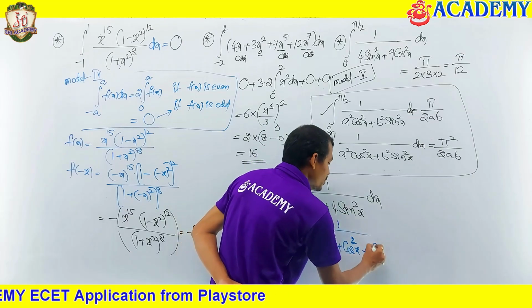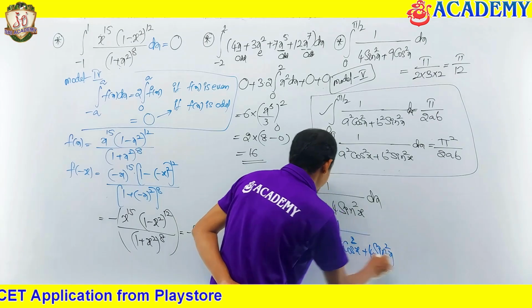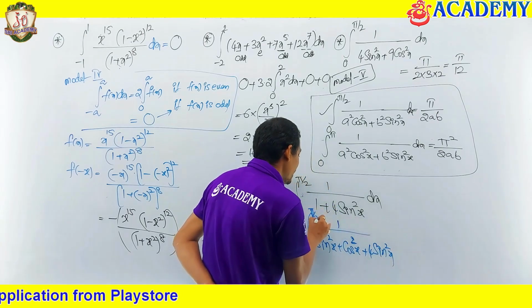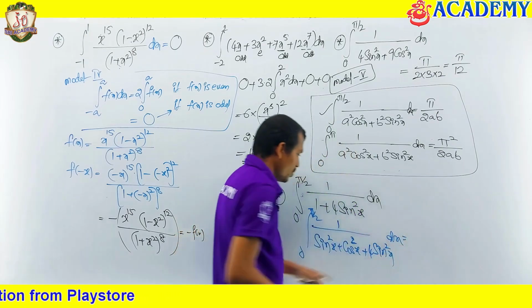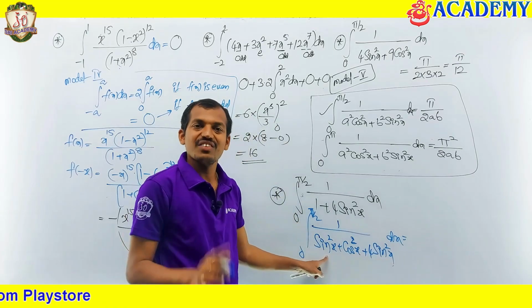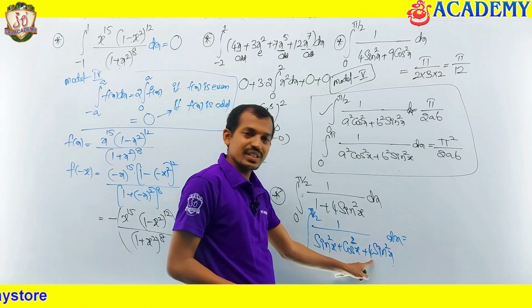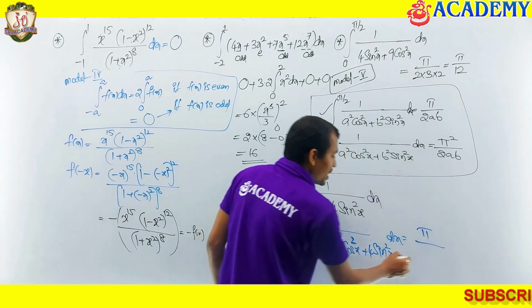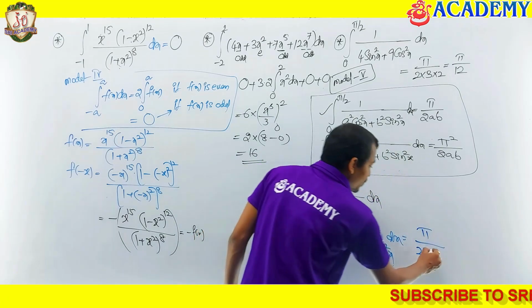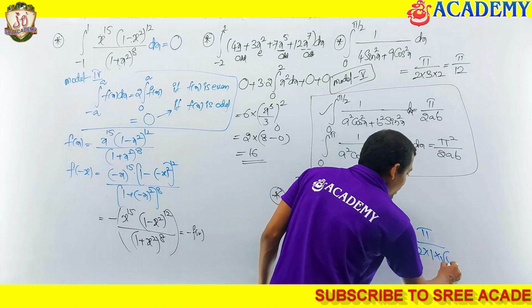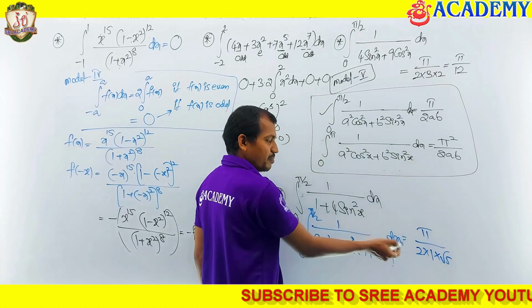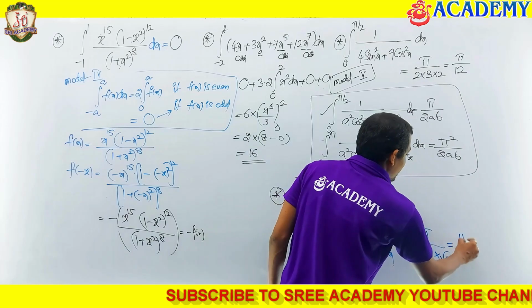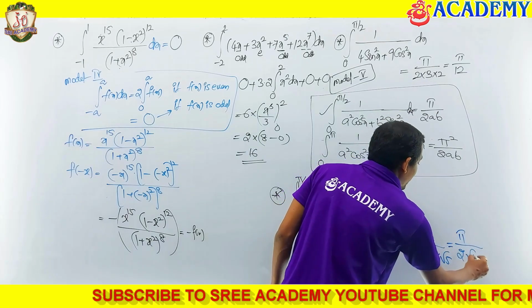Now it's going to be 4 sin square x already there, 0 to pi by 2 only. Now 4 sin square x plus sin square x, 5 sin square x, and the coefficient of sin square is 5. So indirectly, 2 into a value 1, b value root 5. Why? Because b square equal to 5, b equal to root 5. The answer is going to be pi divided by 2 root 5.